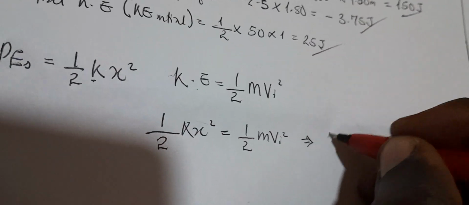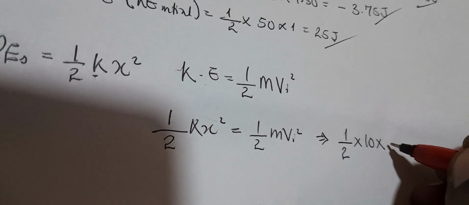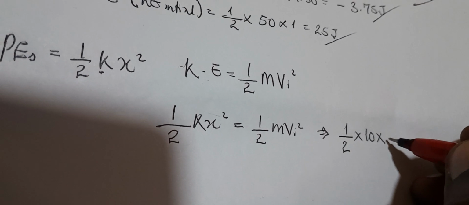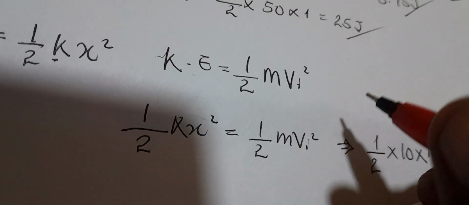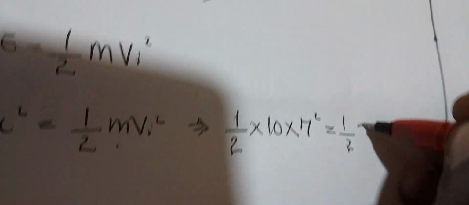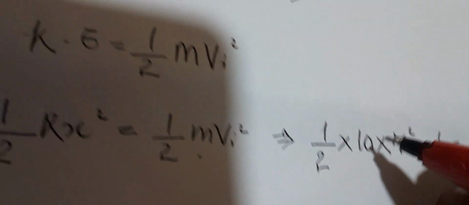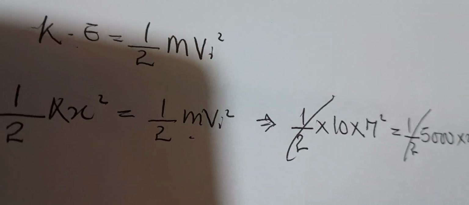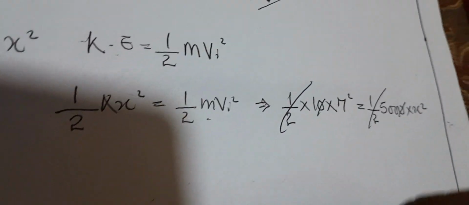Putting in the values from the question, we have 1 over 2 times 10 times 7 square, equals 1 over 2 times the spring constant, 5,000, times x squared. We take out the 1 over 2, and eliminate one of the 0s here.